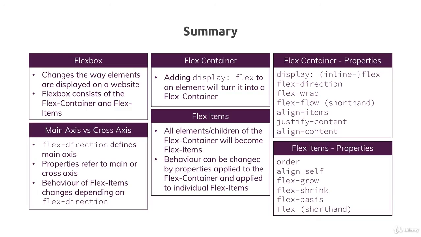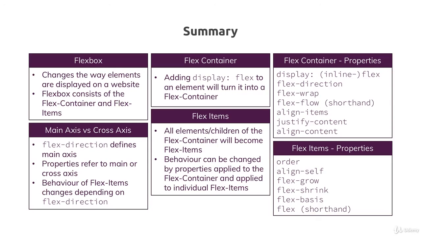Therefore, we also had a look at the different properties related to the flex items. We talked about order, which allows us to, as the name says, change the order of the flex items along the cross or main axis. We talked about align self, which is kind of like align items, so which allows us to position an element in relation to the cross axis, but this time for a specific, individual flex item.